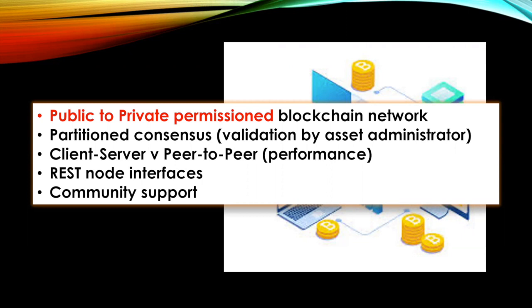And they do client-server versus peer-to-peer, which is another approach at trying to improve the performance of a blockchain network. So if you think of the standard blockchain network that you would see in Hyperledger Fabric, that's a peer-to-peer configuration.